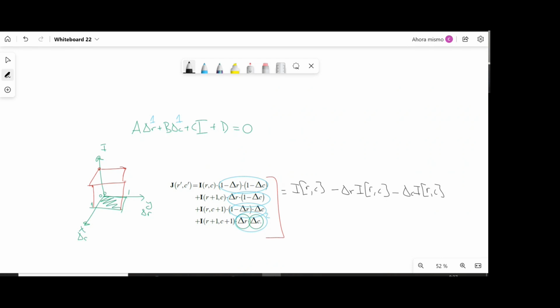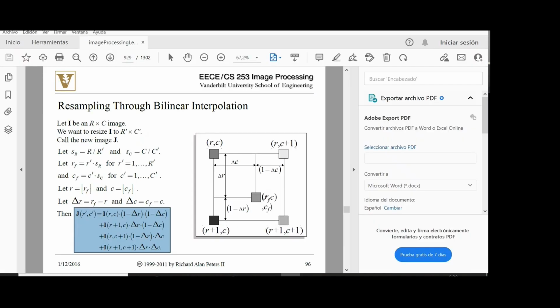And then I also have I RC delta R delta C. Plus I RC delta C. So these are the terms that are studied. But if you make the full expansion, at the end all these terms disappear. So it is a plane.